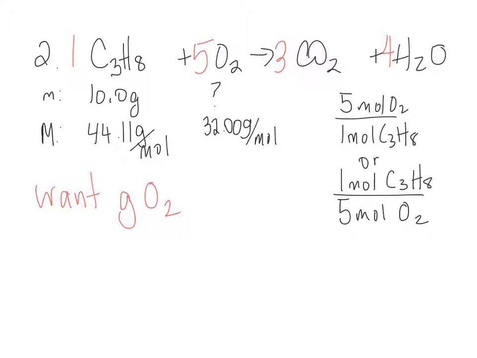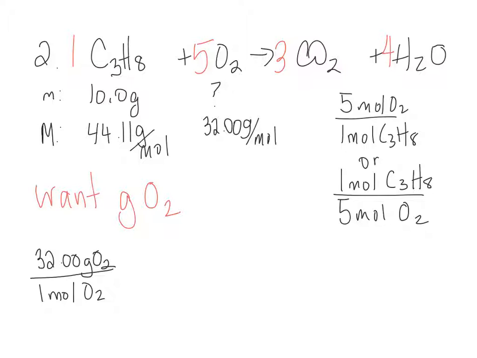Nick? 32 grams per mole. Yeah, 32 grams in 1 mole of oxygen. Okay? So we're going to use that ratio first. What we've used essentially first is the molar mass of oxygen. There's 32 grams in 1 mole.